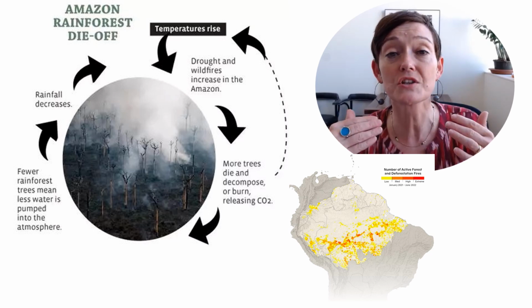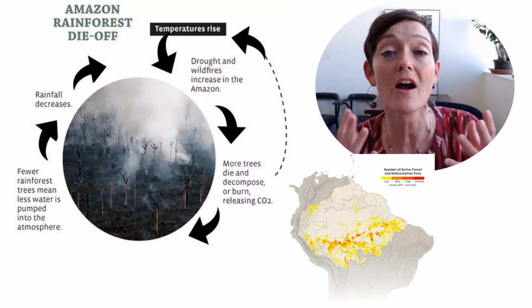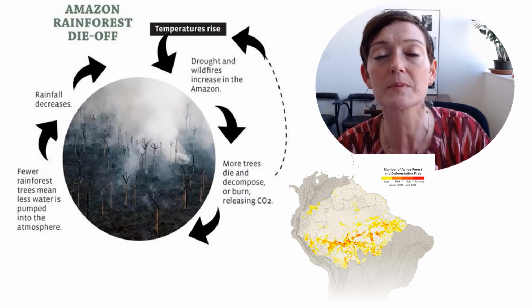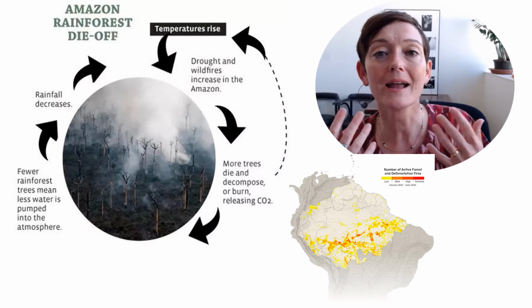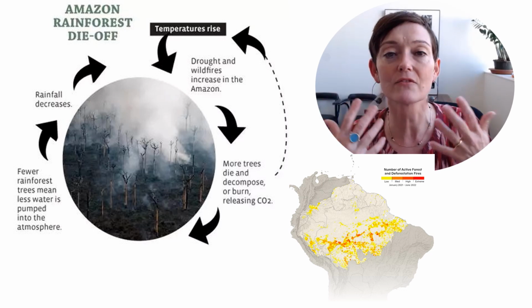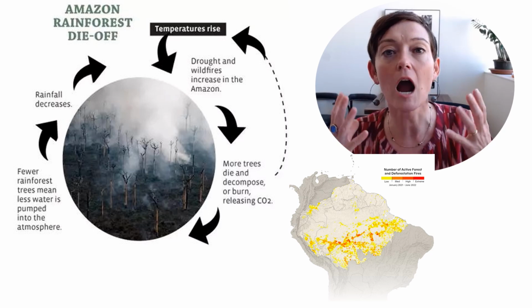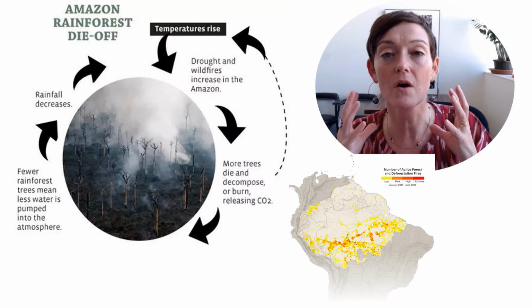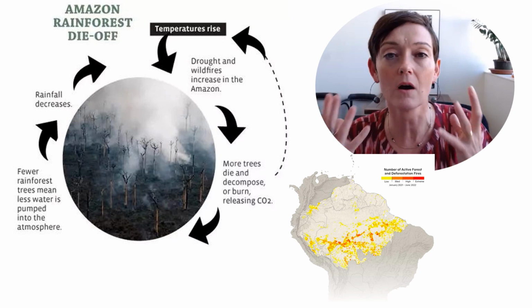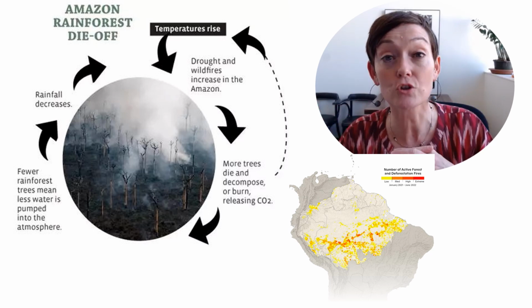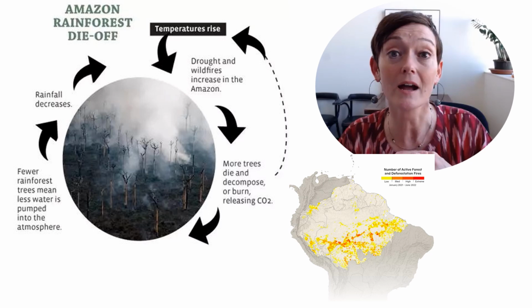But in addition to that, there's die-off and fires in the Amazon that are not even being set by humans, but that are being caused by the stress that the forest is right now experiencing. So the Amazon, our main source of forest on the planet, is in extreme stress and is beginning to die right now.